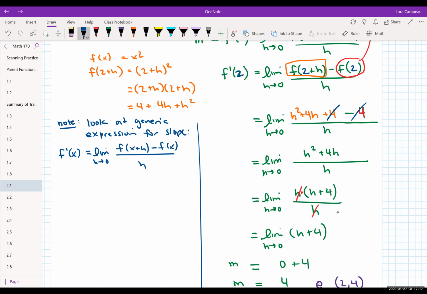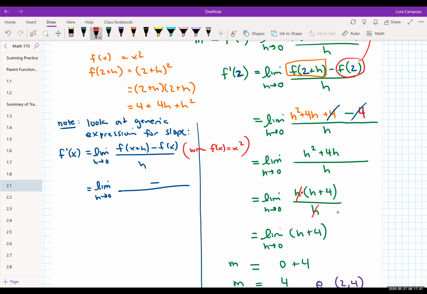And if our function in question is f of x equals x squared, I'll write this off to the side. That was from the problem. Then we would take our expressions and substitute in function notation.